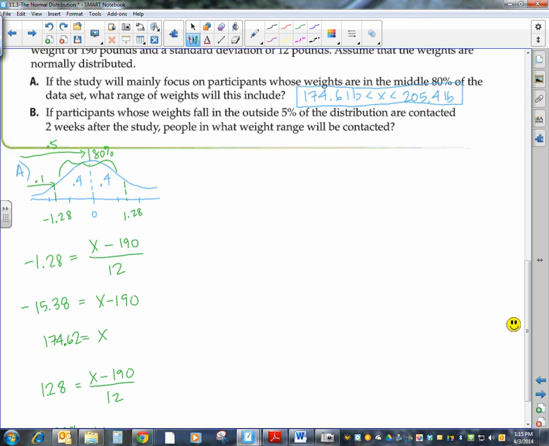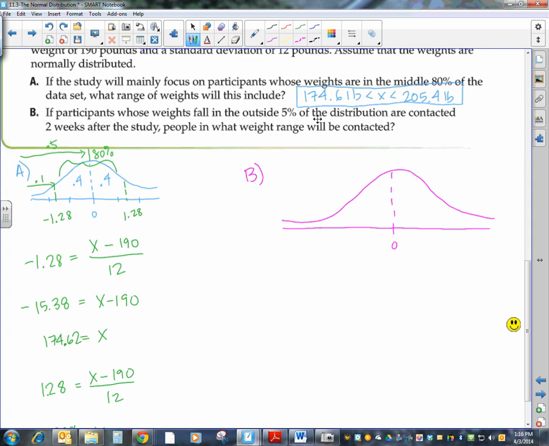Okay, and then the last one says we want those people whose weights fall in the outside 5%, and we're going to contact those. So we're going to again draw our curve, and I need the outside 5%.